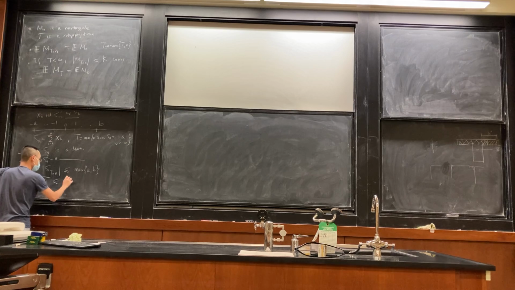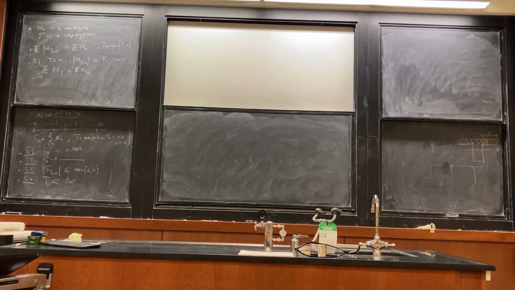T being finite, right? That's what I proved. And lastly, the last step, step 4, is the fact that S_T is equal to the value of S_1, which is 0.